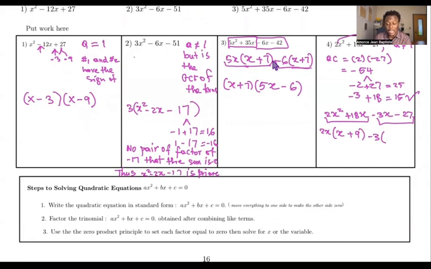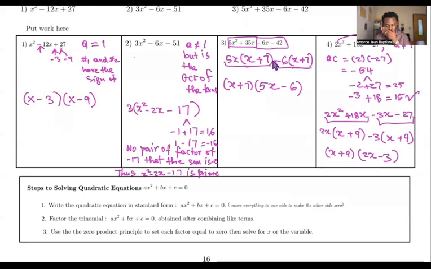Divide negative 3x by negative 3, that's x, divide negative 27 by negative 3, that's 9, plus 9. And then x plus 9 can be pulled from the groups. So that's x plus 9, then you put the 2x minus 3.